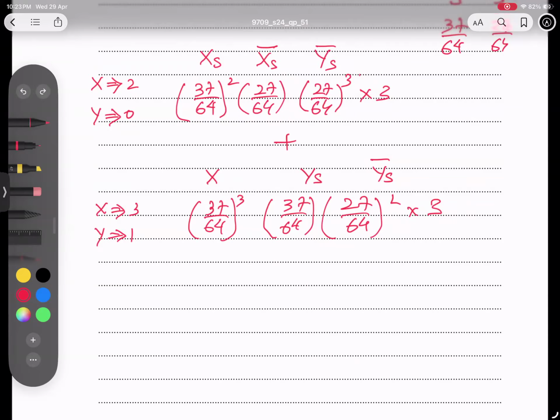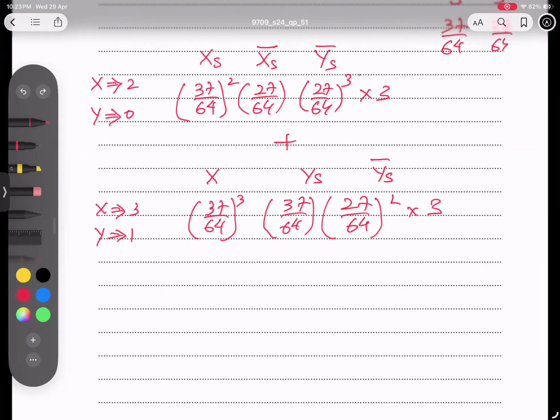And when we type this in the calculator, let me check, students. What answer is coming? Let me check. So very long working, but anyway, I am just checking. The answer is coming.